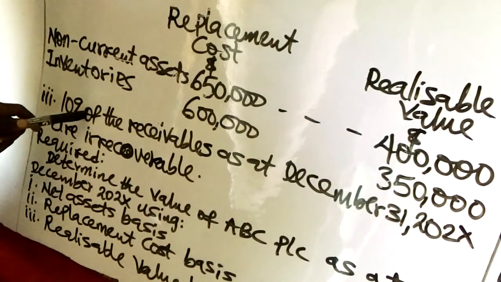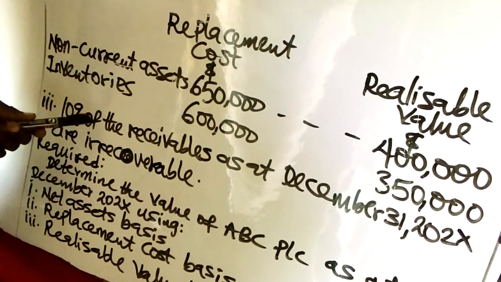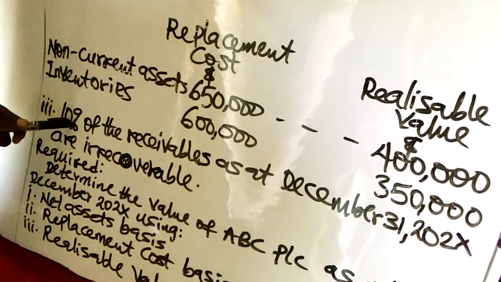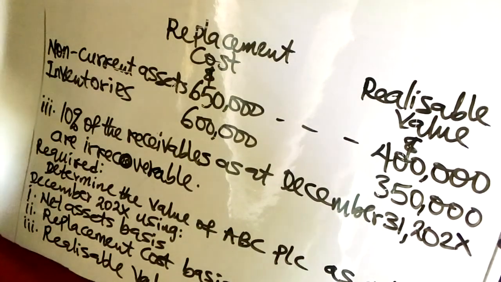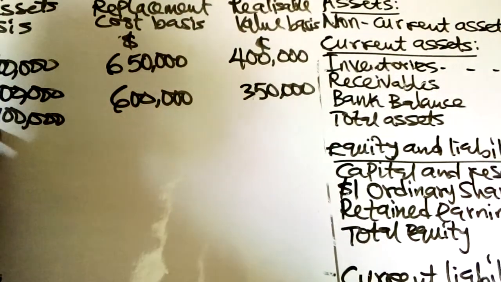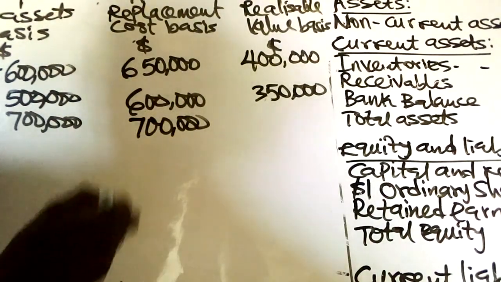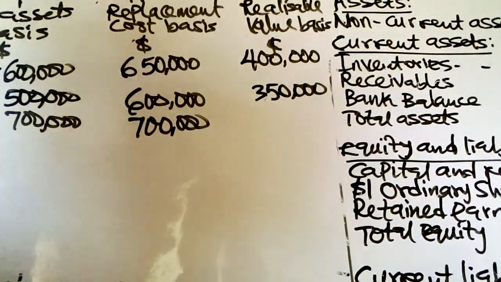The essence of this is to get the realizable value. So, since the replacement cost of receivables is not given, the replacement cost will be the book value, which is 700,000. I've told you that where the replacement cost is not given, the book value should be used.